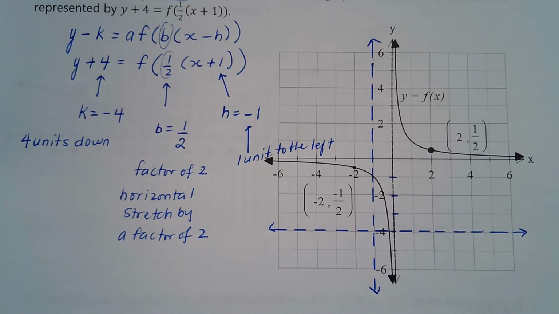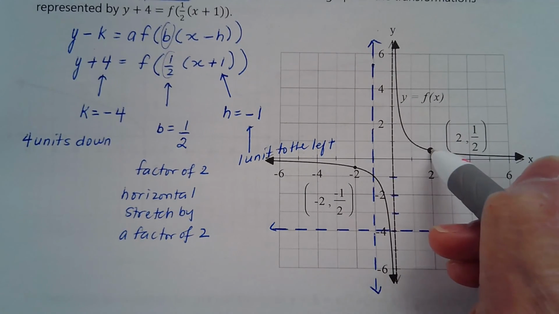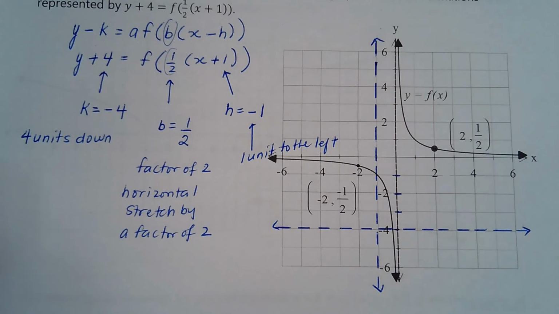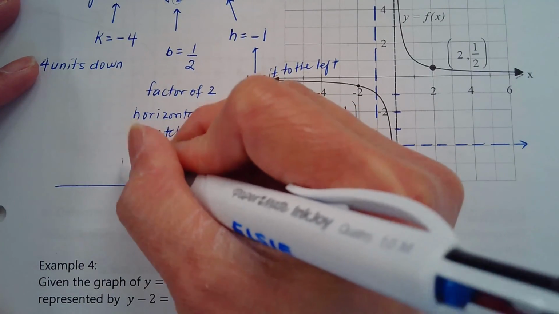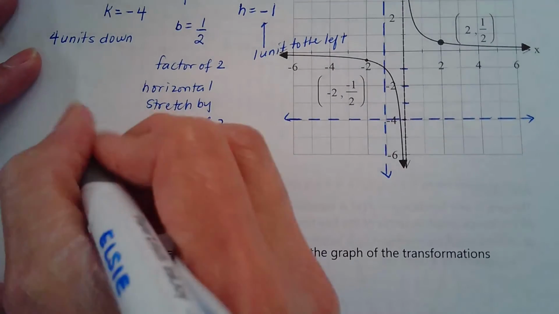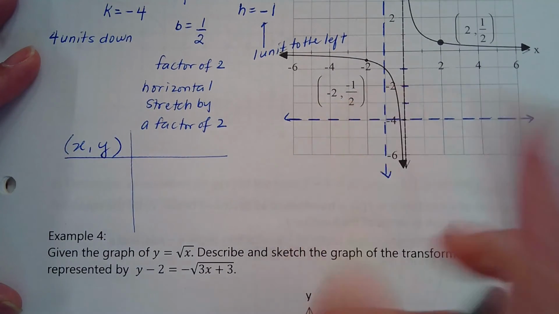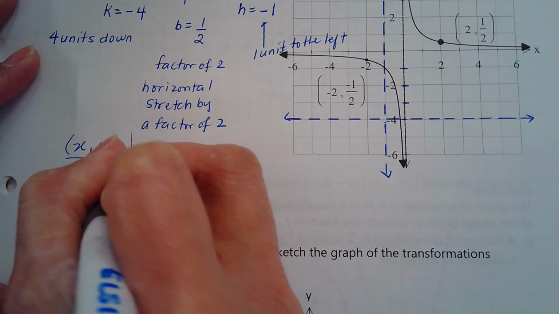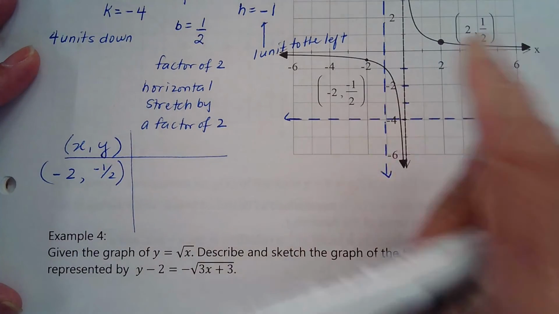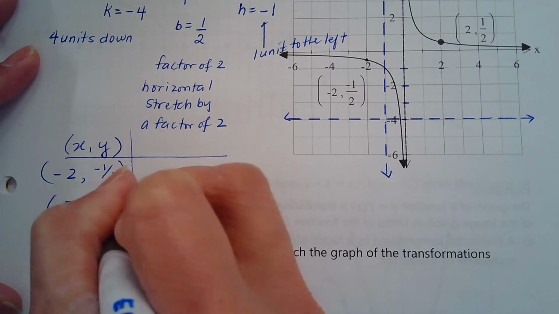Okay, so what's going to happen? These points that they told us right there and right there are going to get transformed. So x comma y. So the points are -2, -1/2, and +2, +1/2.